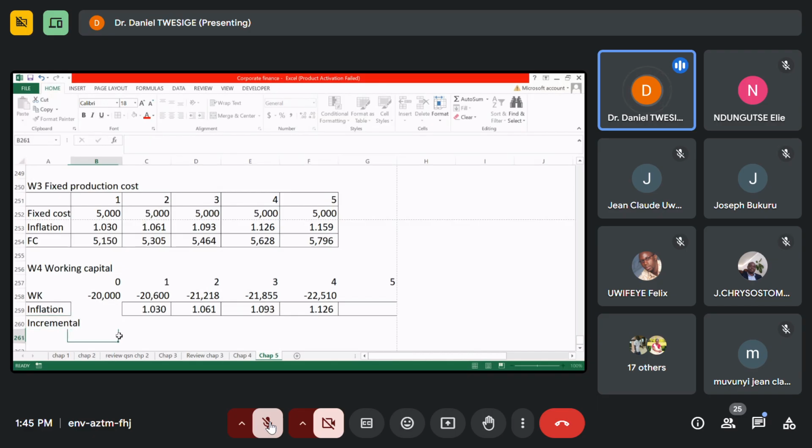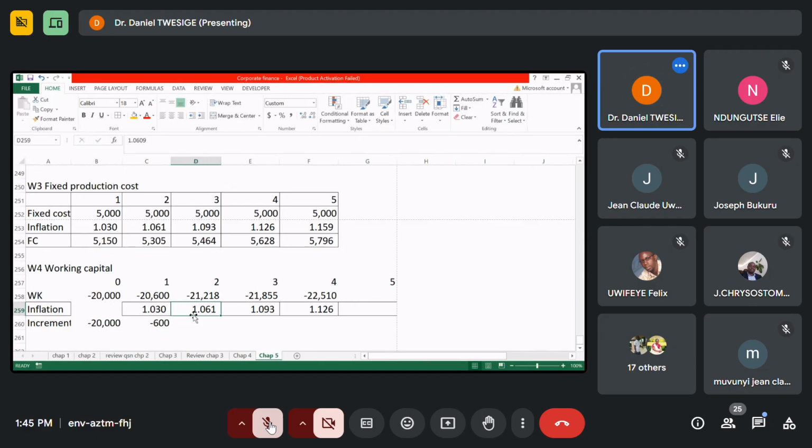Of course, here it's going to be the same. It is this. Here, it will be this minus this. You will need 600, and this 600 has come as a result of inflation.